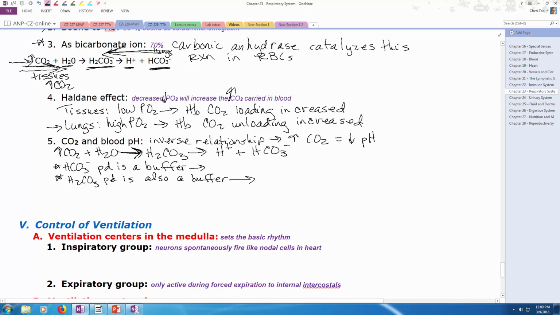So a buffer is added to a solution in the chemistry lab to where you can then dump in more and more acid, and it takes a while for the pH to change. And so we have to have a lot of natural buffers in our bloodstream to help minimize pH changes, because we will produce metabolic acids, and we will also have times when we have a respiratory acidosis. So we need to minimize that.